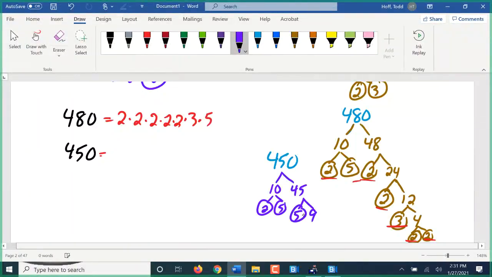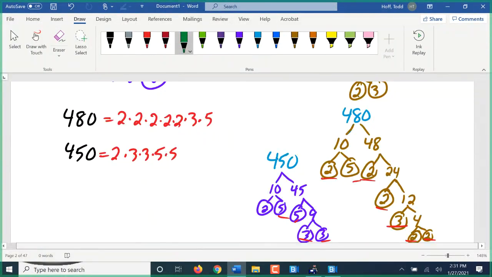Good. So 5 is prime. 9 divides into 3 times 3. So there we've got 2, 3 and 3, 5 and 5, right? That makes 450.